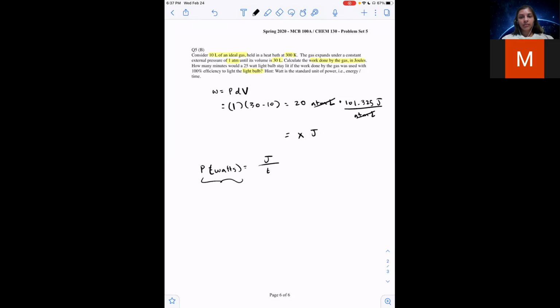This is 25. And we have our joules, which we got up here, so I'll just put that in as X. And we're solving for time. So we can rearrange this and we get the time it can stay on is X joules over 25 watts. And that's our answer for the time. All right, and that should be it for question 5.